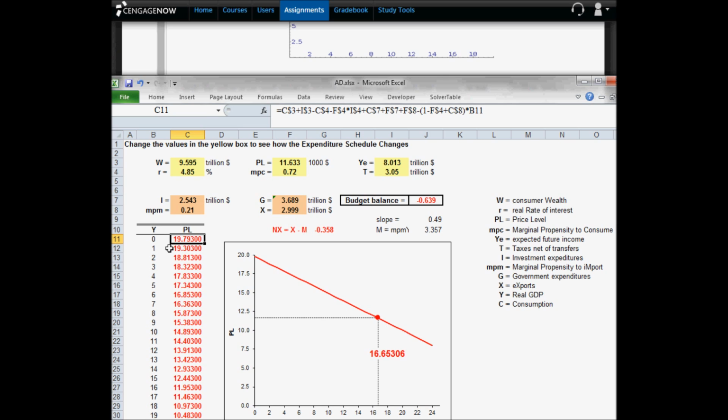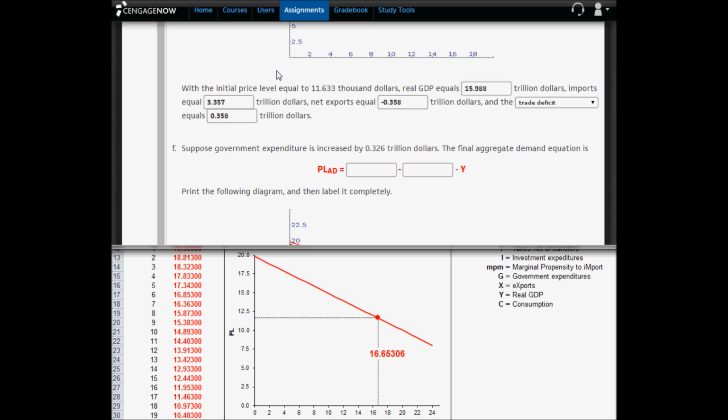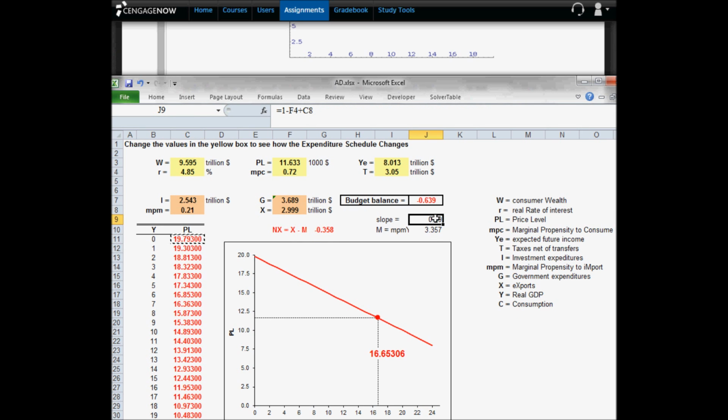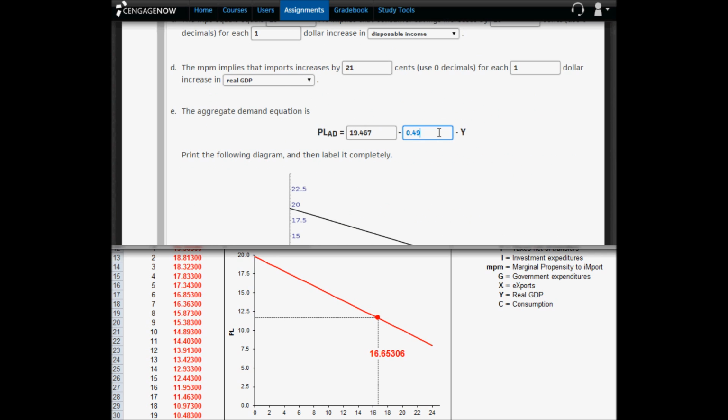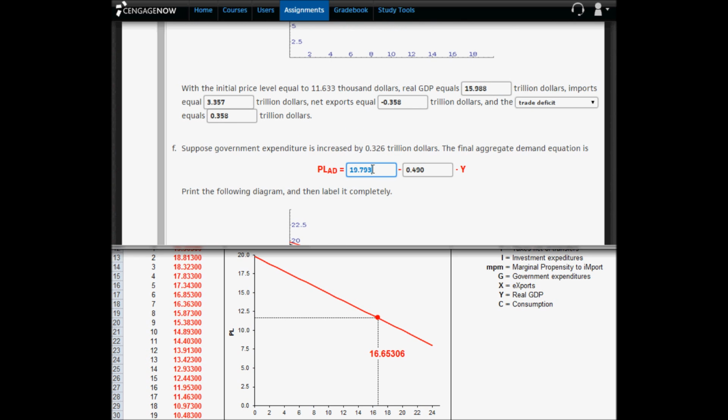Remember, the intercept is the value of the equation when real GDP is 0. The slope didn't change. The slope is still 0.49. I'm going to make that 0.490. So the intercept went from 19.467 to 19.793.